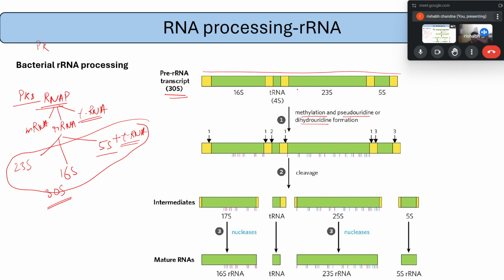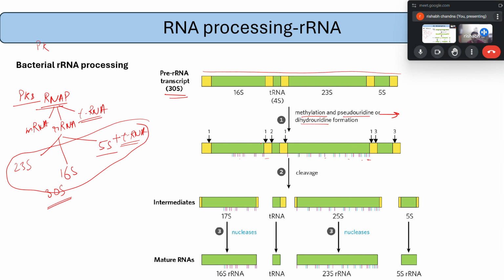Okay, so this transcript is modified based upon the position, and these modifications protect the RNA from degradation, and it activates further signals for processing. So these lines, as you can see, are basically the methylation and pseudouridine or dihydrouridine sites.